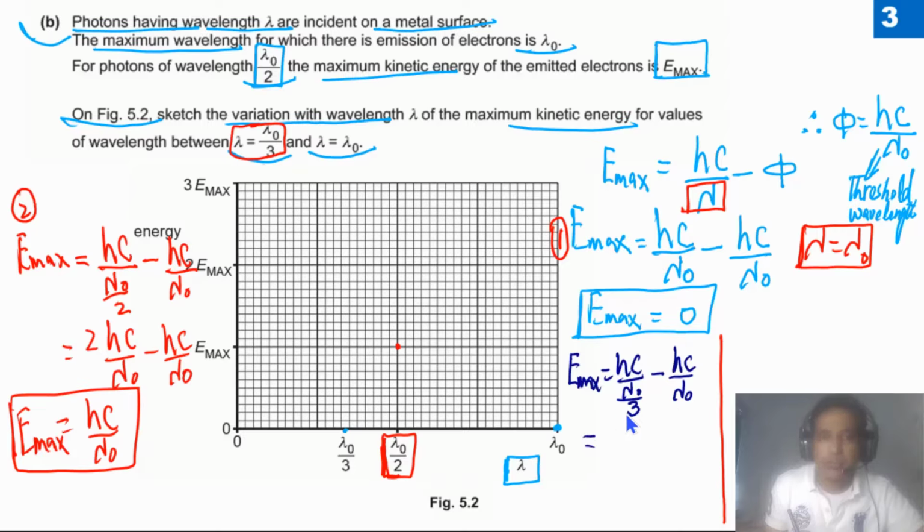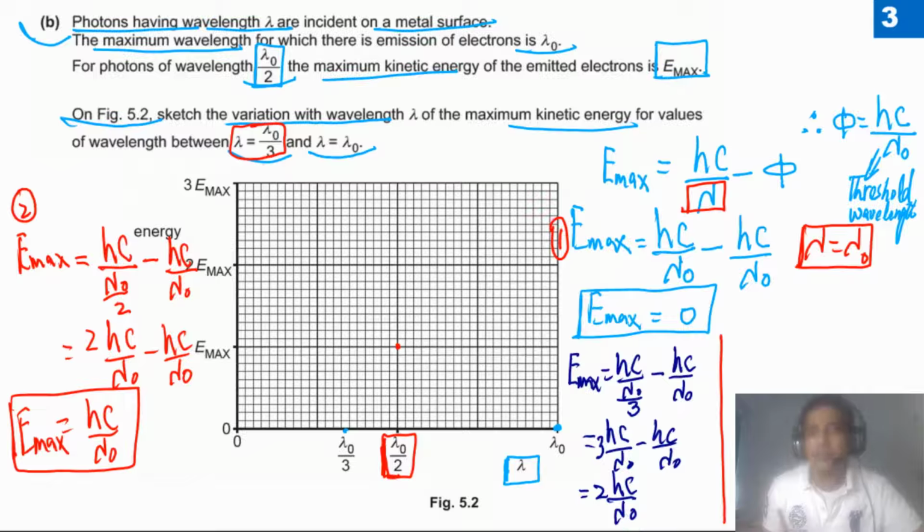If we rearrange, this is 3hc over lambda naught minus hc over lambda naught, so we get 2hc over lambda naught. But we understand that E max is equal to hc over lambda naught, so this is 2 times E max.